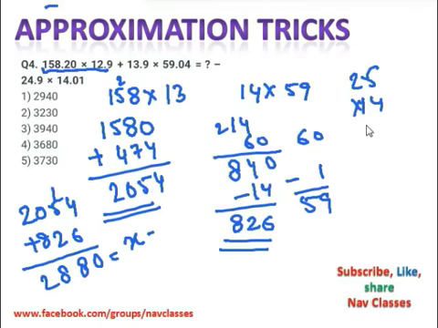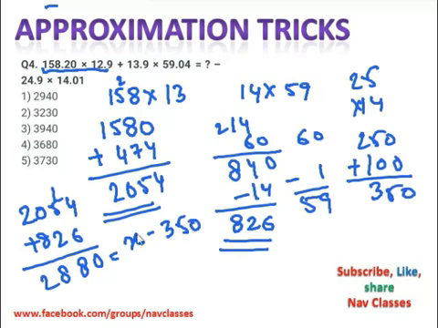Let's do that. In the other case, you could do 25 multiplied by 15 and then subtract 1. But right now I'm doing this 250 and then I'm multiplying 25 with 4. It will come 350. So 350. If this minus comes toward this side, it will become addition, so it will be plus 350.